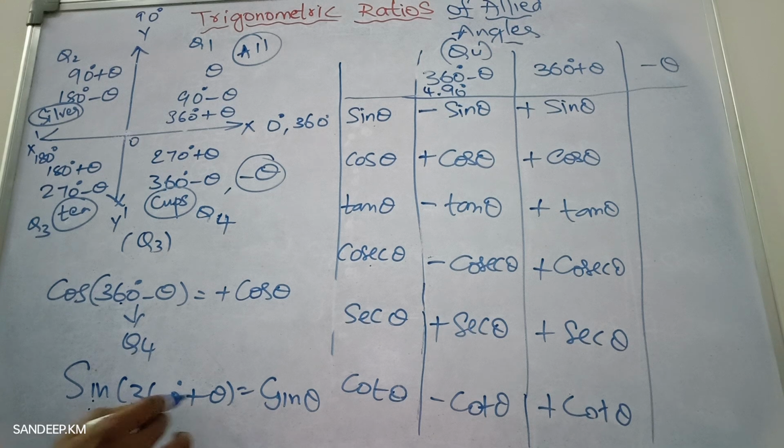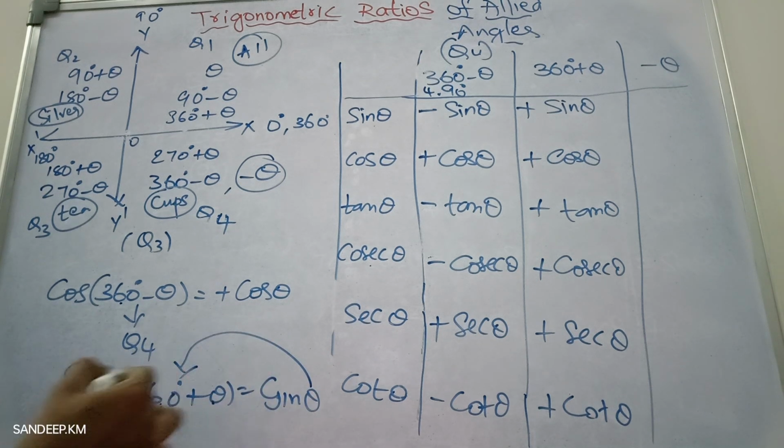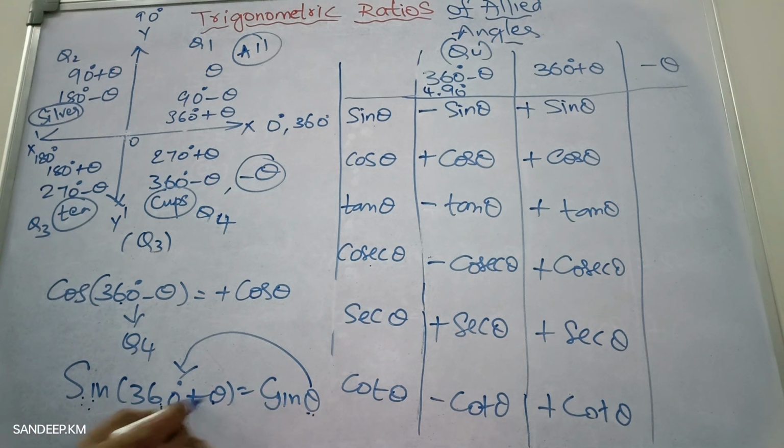Sin of 360 plus theta is sin theta. Cos of 360 plus theta is cos theta. Tan of 360 plus theta is tan theta. There is no change at all, not even in the sign. Why? Because theta and 360 degrees plus theta are coterminal angles. So trigonometric ratios of coterminal angles are equal to each other. We will discuss this separately.